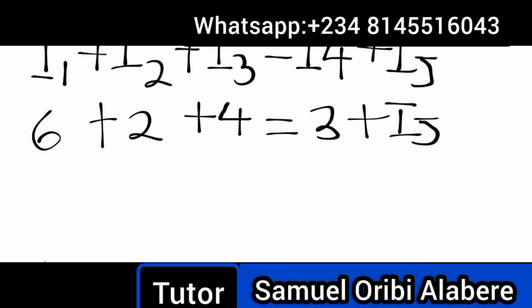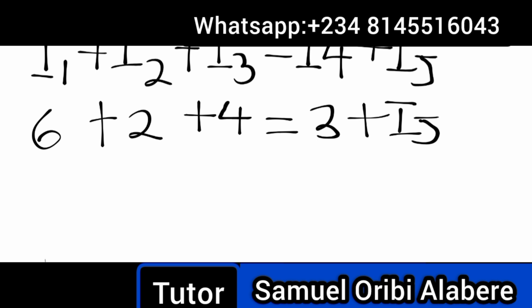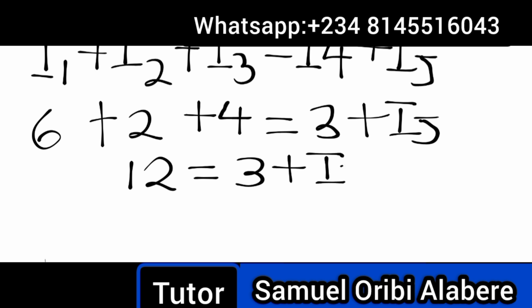So then if we further evaluate it, it will give us 6 plus 2 plus 4 will give us 12. 12 will now be equals to 3 plus I5.